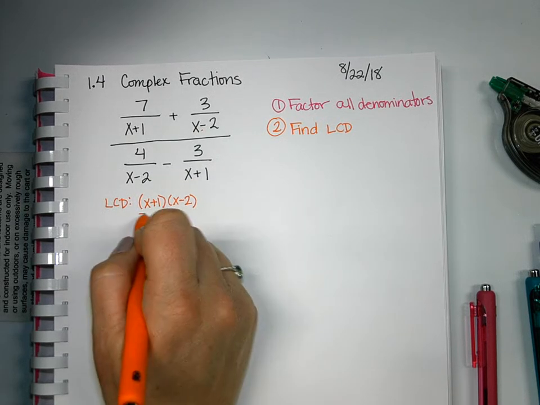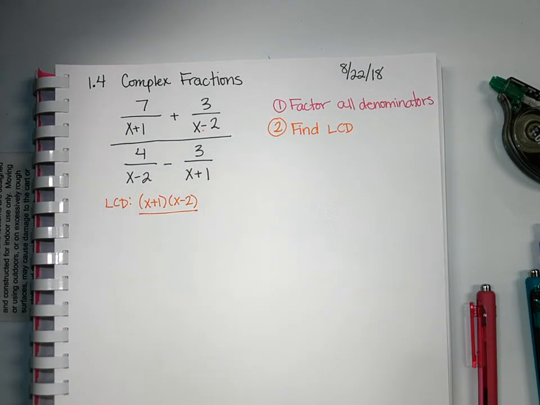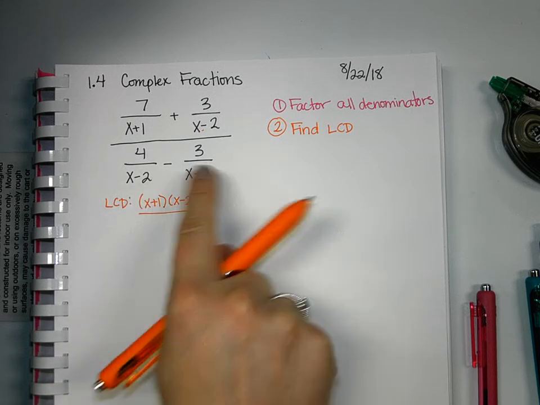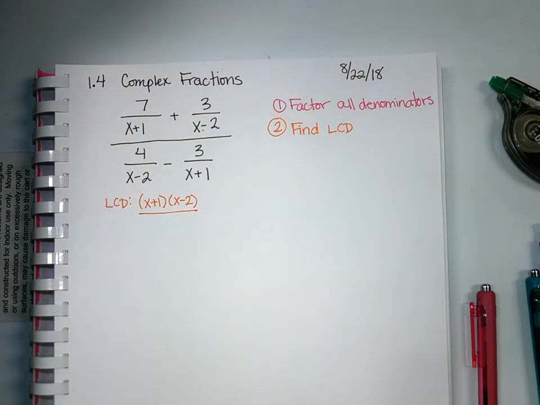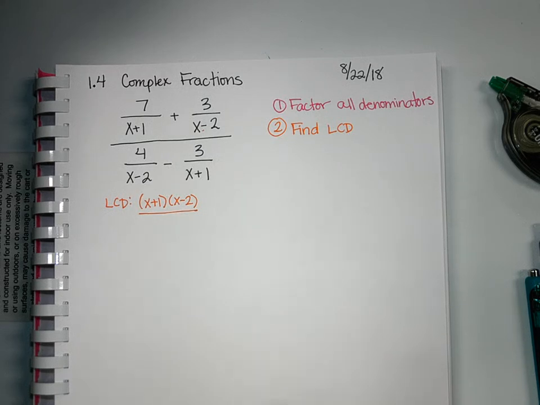So this is my LCD. Now, unlike the simplifying of the rational expressions we just did, we're not going to get a common denominator for all of these and add them together. We're going to do something a little different with this LCD. And this is where the methods start to differ. No matter what method you do, these are the first 2 steps.